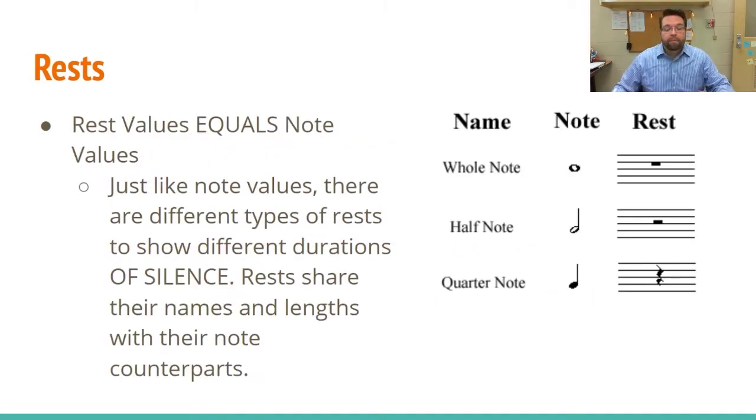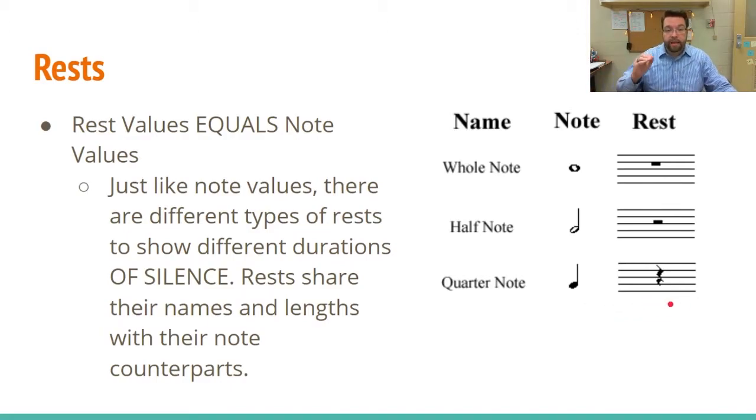Now each of these rests, as I said before, equals the same amount of time as their corresponding note values. We have our whole note and whole rest, our half note and half rest, our quarter note and quarter rest.